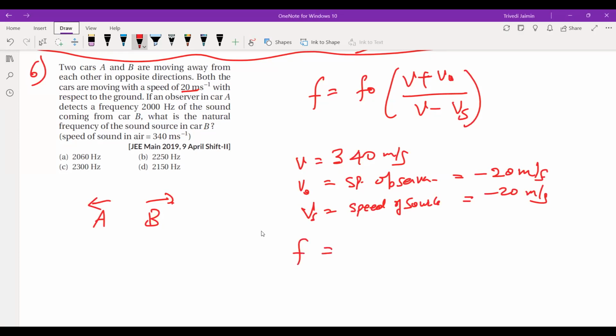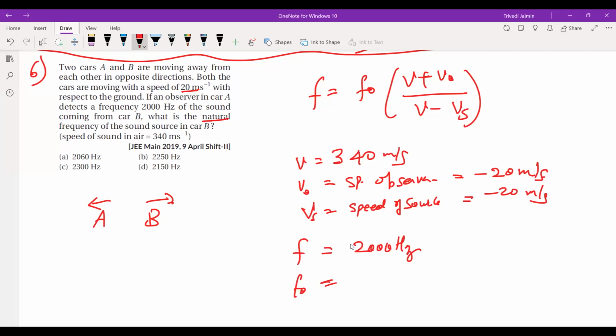f is the frequency, which is given as 2000, right? Very good. And what is f naught? We have to find out. Exactly. That is the true frequency we need to find out, natural frequency or true frequency.